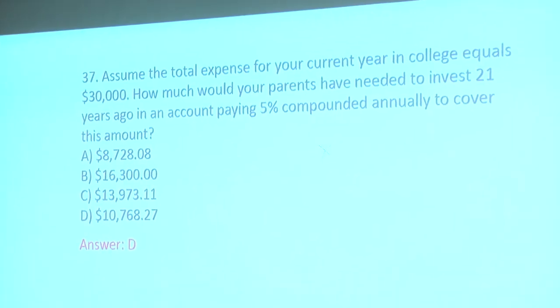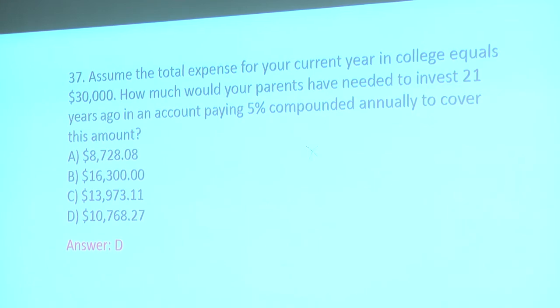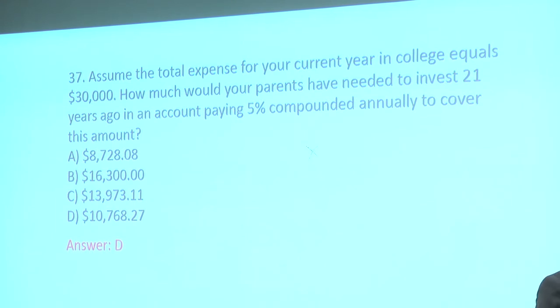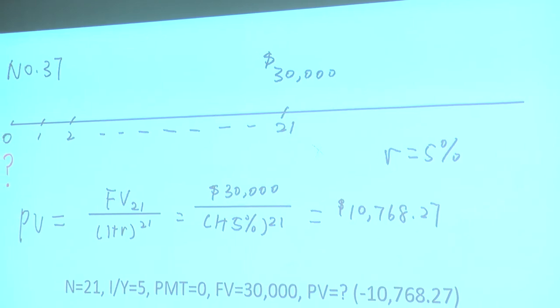Okay, let's move on. Assume the total expense for your current year in college equals $30,000. How much would your parents have needed to invest 21 years ago in account paying 5% compounded annual to cover this amount? This is a simple discounting question.